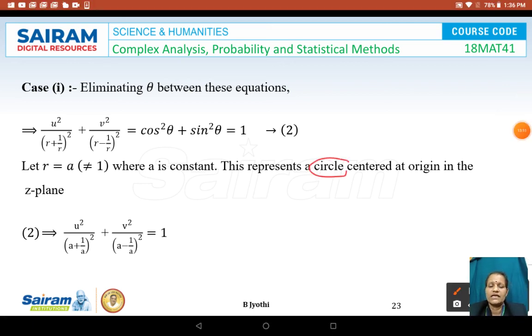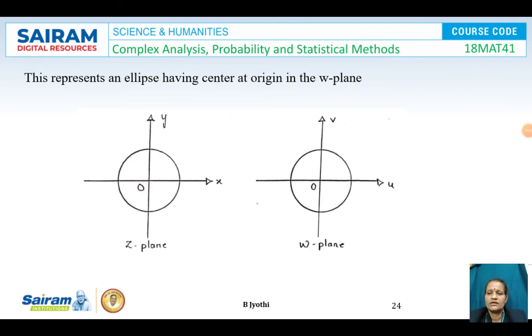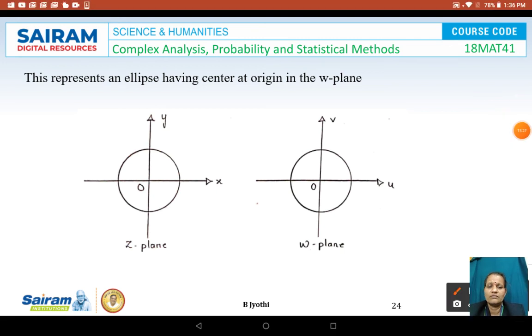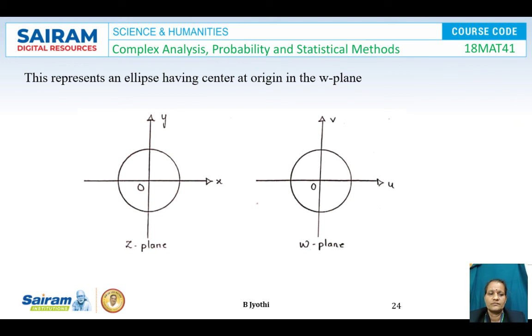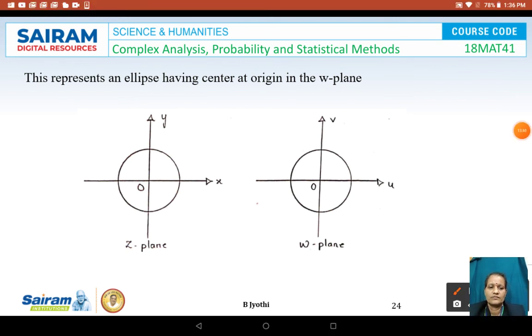This represents the ellipse having the center at the origin in the w plane. Here the diagram, it has to be the ellipse in this manner.